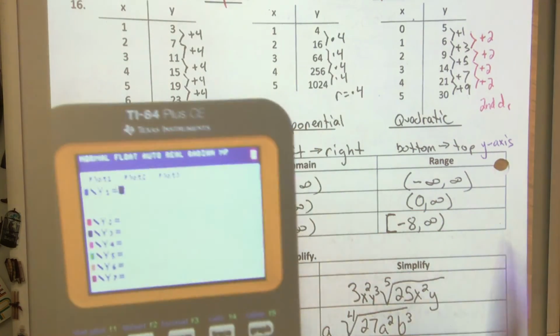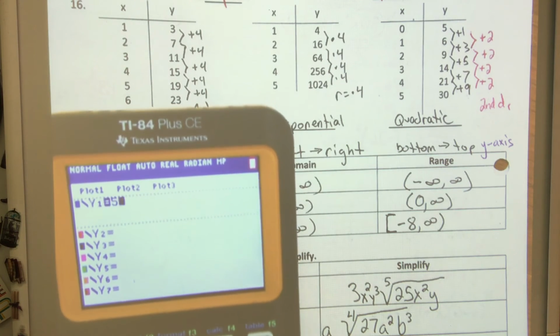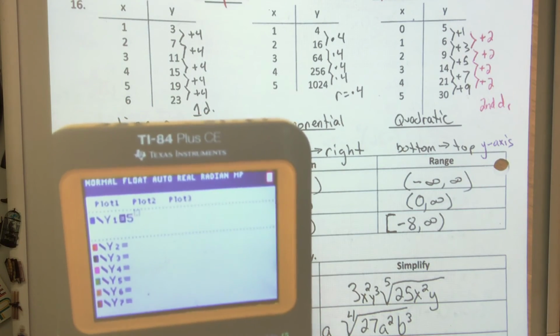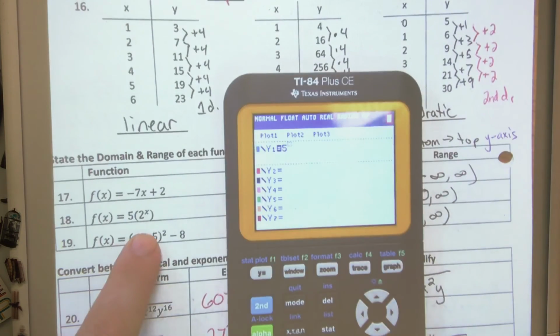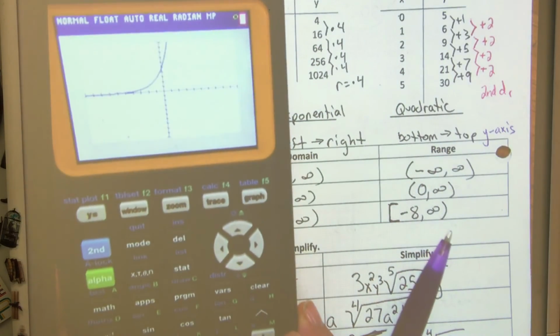Okay, clear. Okay, yeah, 5 times 2 to the x. Okay, 5 parenthesis 2x parenthesis graph. Okay, so it's starting to graph.